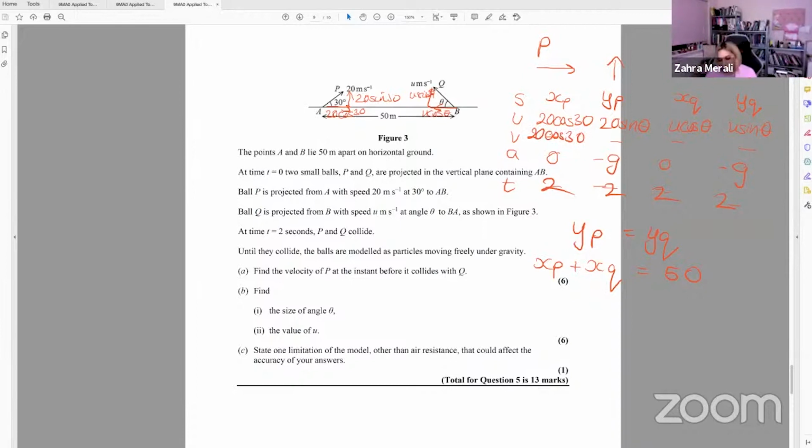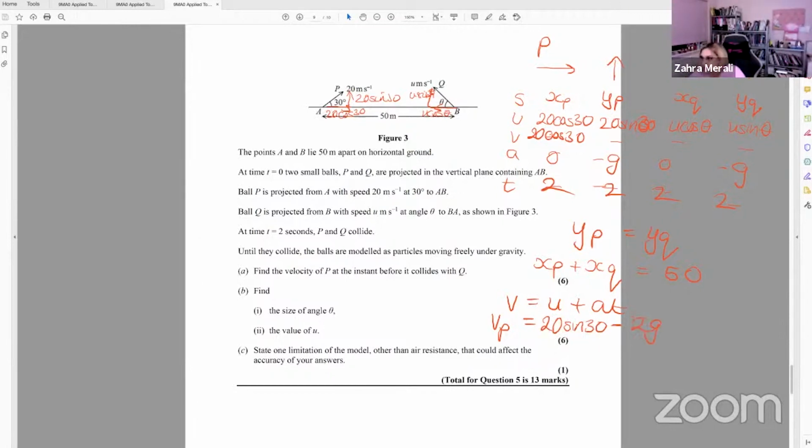And vertically, the instant before it collides, we've got to think about both. Vertically, V equals U plus AT. So for P, VP, U is 20 sine 30, I think I wrote theta here, minus 2g.